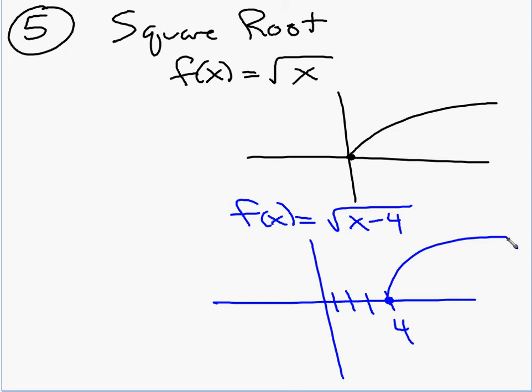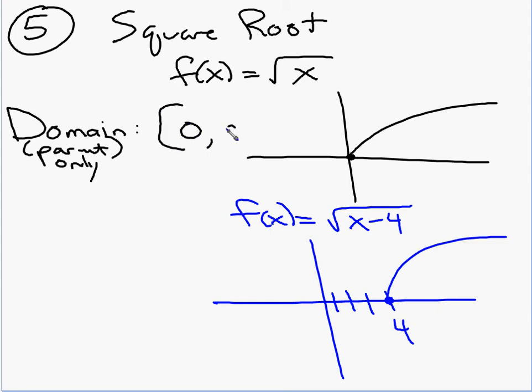So, the domain, I'm just going to say for the parent function, parent only, the domain for the parent function is 0 to infinity. Because what would the domain of this one down here be?